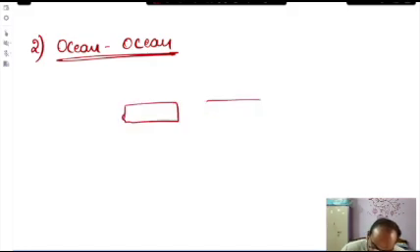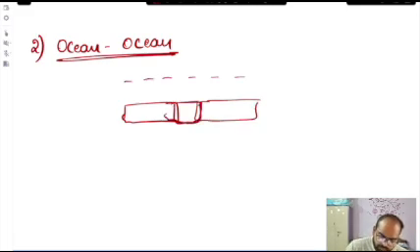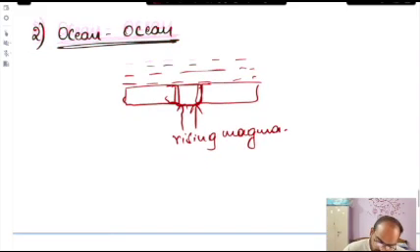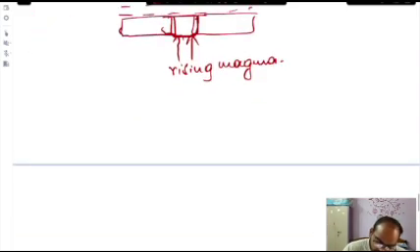They were together. Above them there is ocean. Constant hitting of the rising magma. This middle part would subside down.